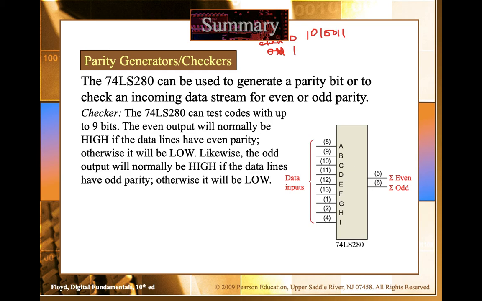It will be checking it, and accordingly it will generate the output. So what does the checker do? It will determine which parity your data has. If the data has odd parity, the odd parity output will be high. If the data input has even parity, then the even parity output will be high. Simple. Otherwise they will be low.